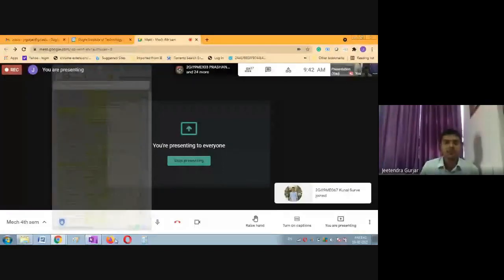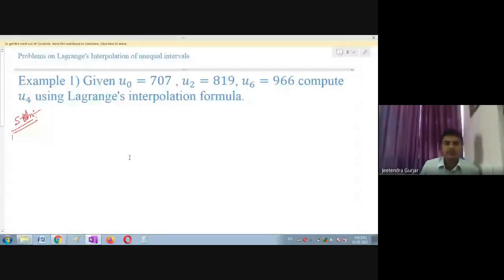So we are discussing, Kunal, problems on Lagrange's interpolation of unequal intervals. Please note this down; we'll go step by step. The data is given here. Step 1 is collecting the data and writing it in the proper way, that is x1, x2, x3 and so on, and y1, y2, y3 and so on.